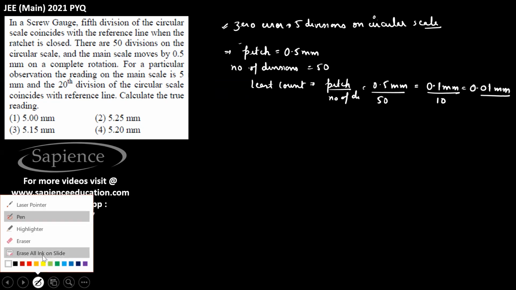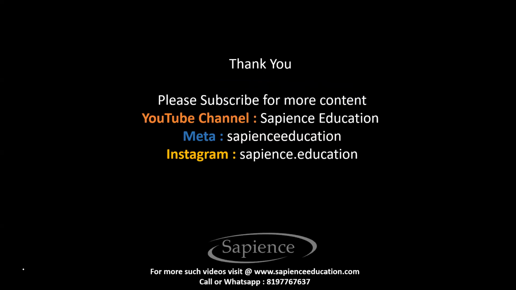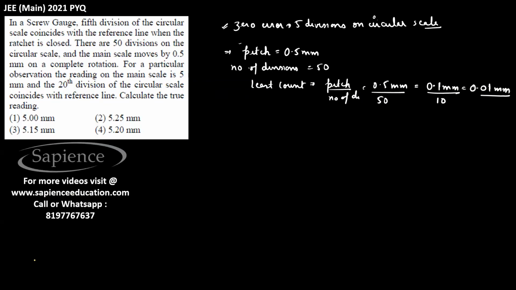For a particular observation, the main scale reading MSR is equal to 5 mm, and the 20th division of the circular scale coincides with the reference line. That means he has given you the circular scale reading, n equals 20 divisions.